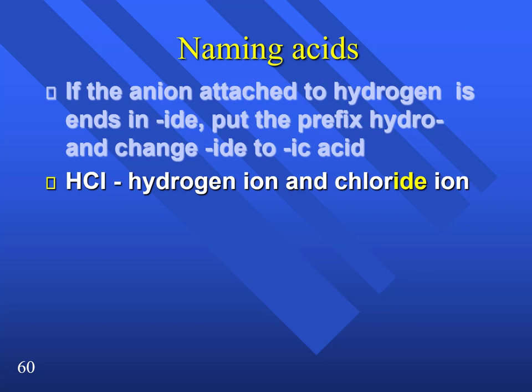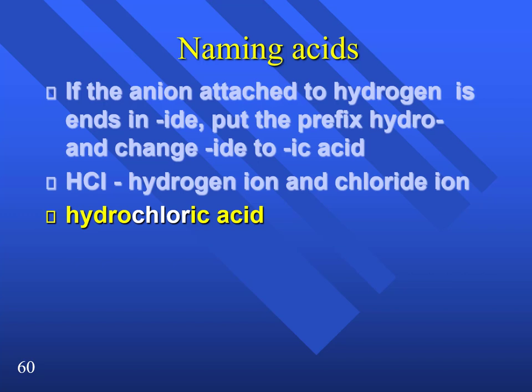So I'm going to put the prefix hydro in front of chlor, and then change the ide to ic acid. So it's called hydrochloric acid. Hydrochloric acid, your stomach acid.